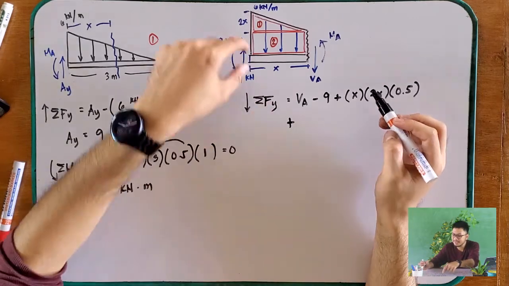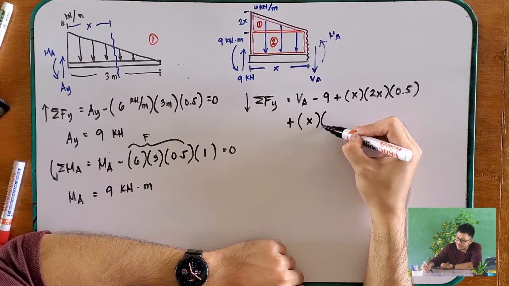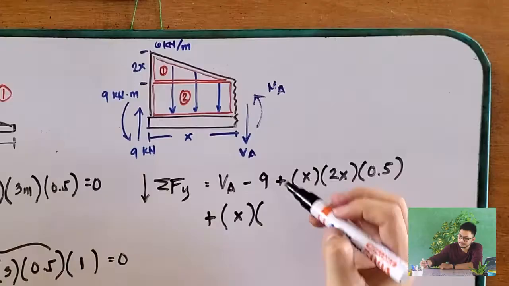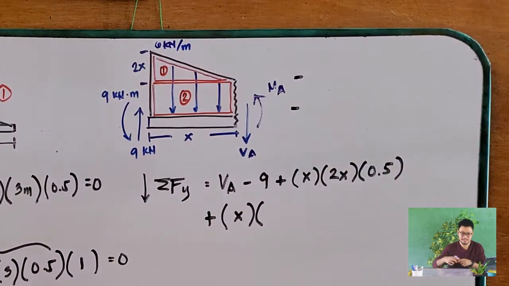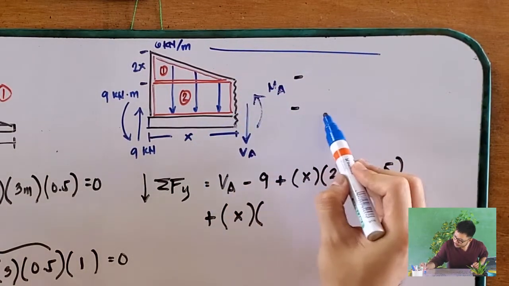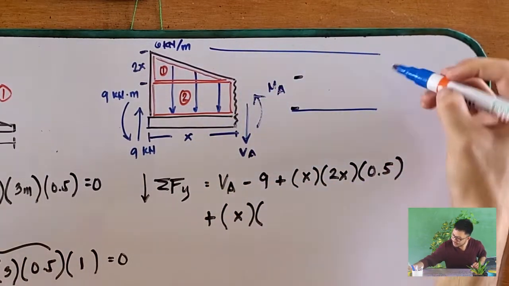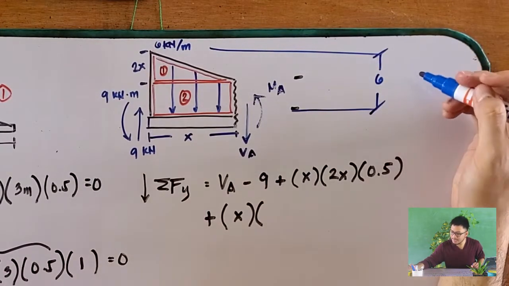Plus. Napatay rectangle. Length sa rectangle, x. Height sa rectangle, sama na. Di ba? We knew that kaninga height is 6. Di ba?